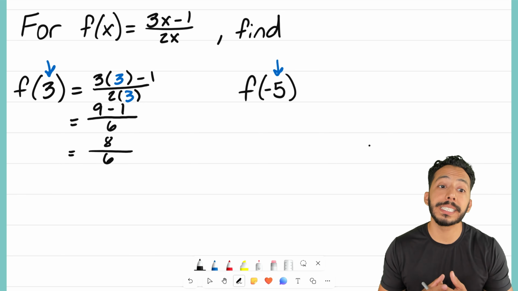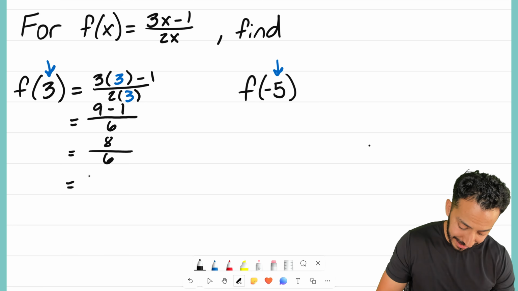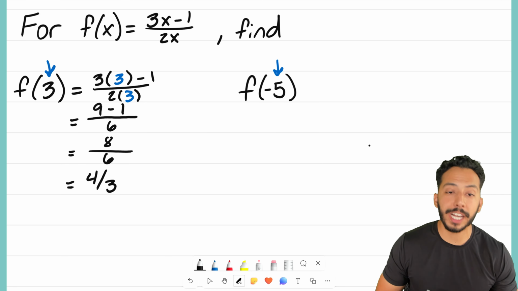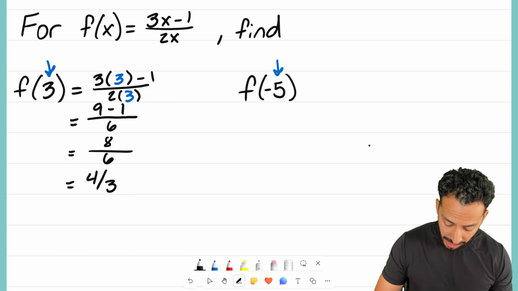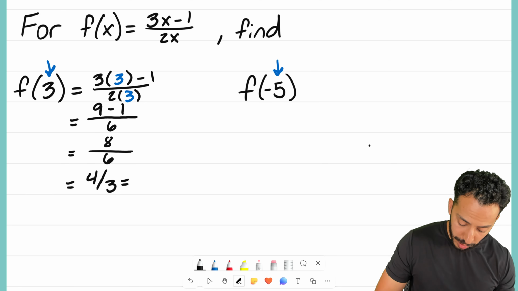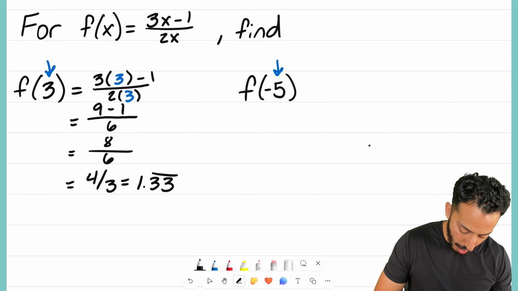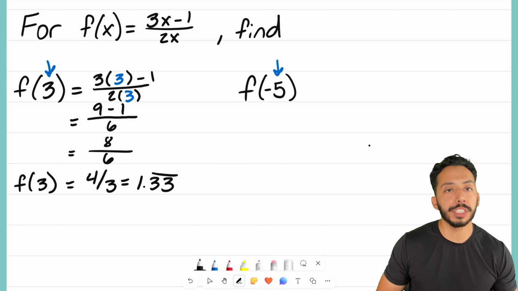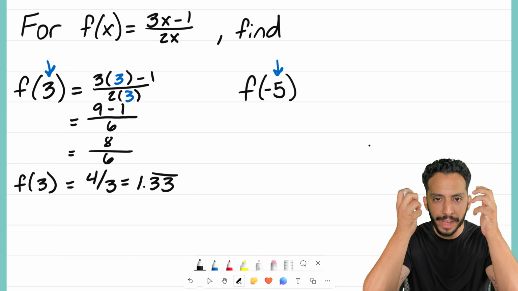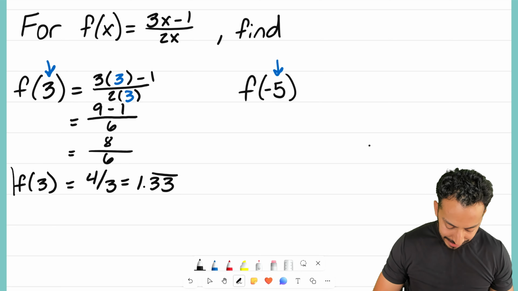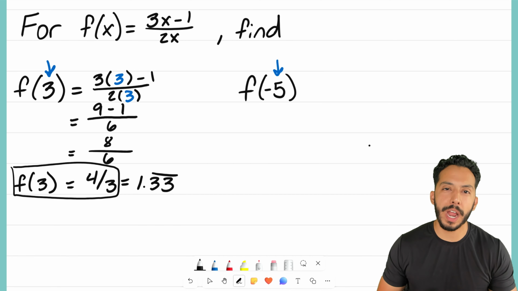Now, 8 over 6 does reduce. It does reduce nicely into a nice fraction, 4/3. Or, if you wanted to be super fancy, you could also write it as a decimal, which would be 1.33333 repeating. Now, we are becoming mathematicians, right? We're becoming smarter in our math skills. We actually like to leave our answers in fraction form.